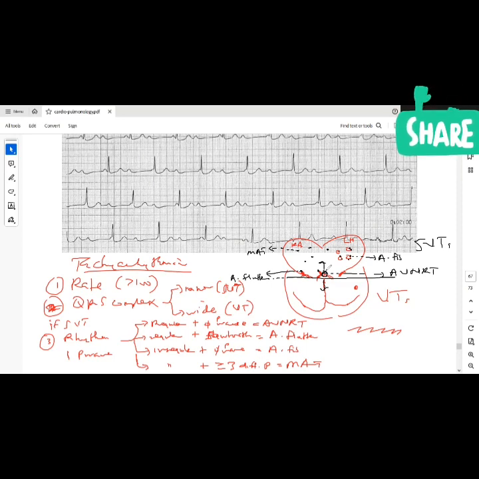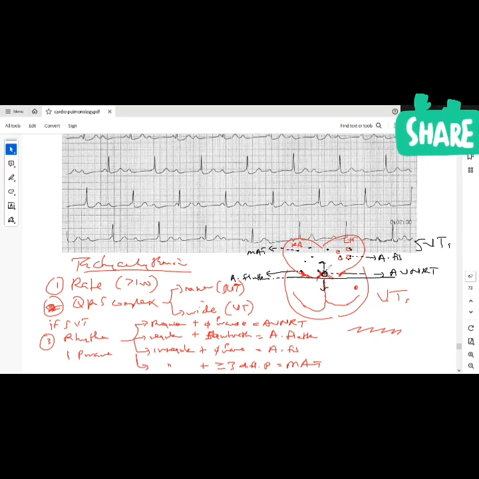If the heart is beating at 500, how much time does it have to relax and fill with blood? Less time. So what blood will it pump out? Less. If it's not filling, it's not pumping out anything. Even if it's beating at 500, there's no time to fill. So the patient's cardiac output is eventually going to go down. They can go into shock, hypotension and stuff. Yes or no? Yes.